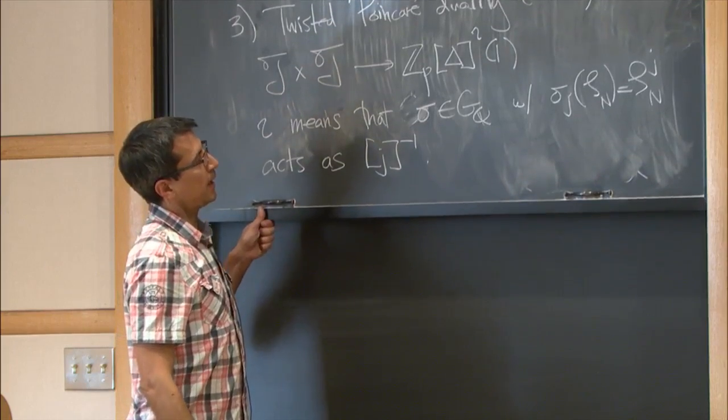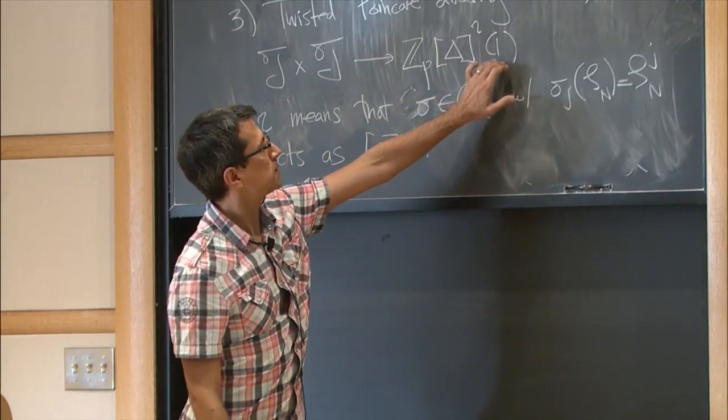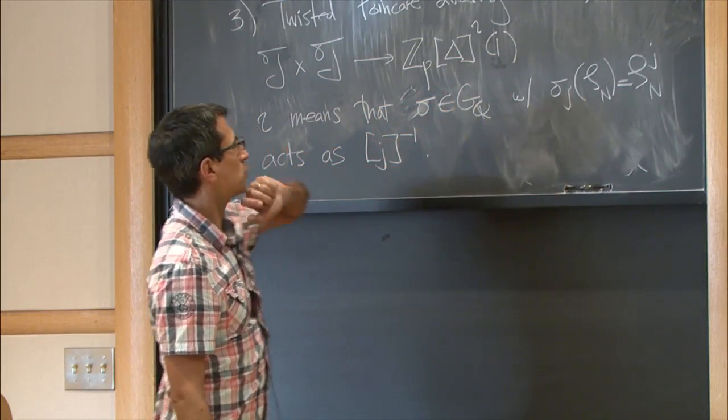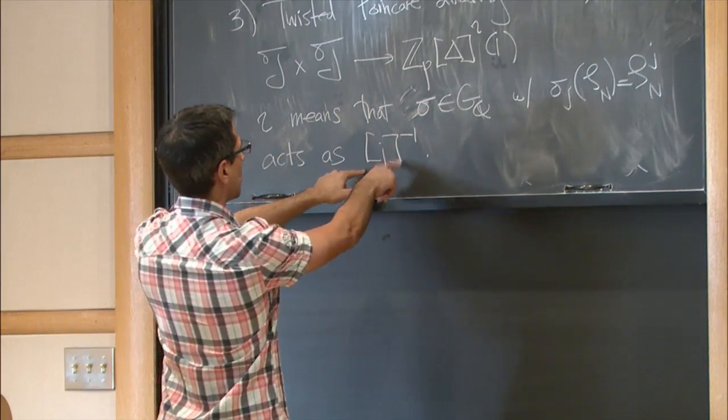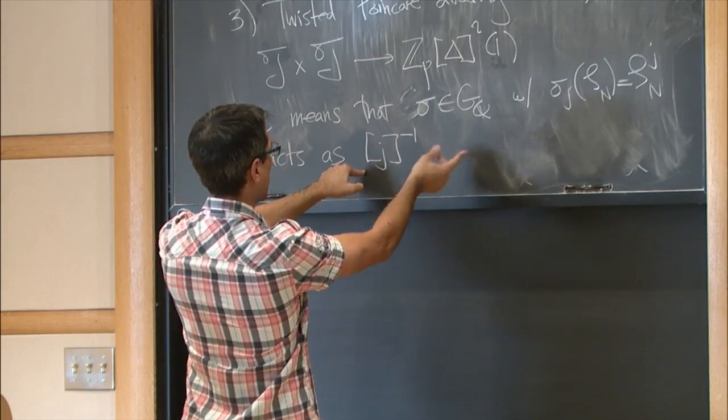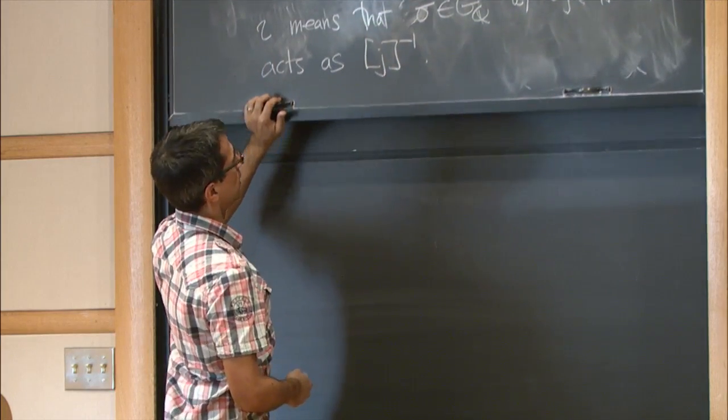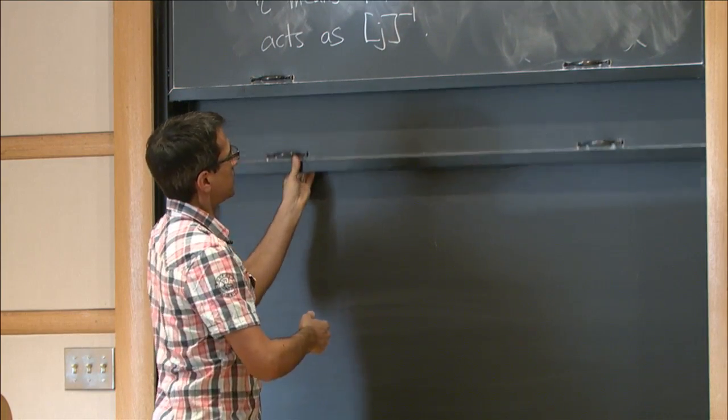And the 1, of course, means we act by the p-adic cyclotomic character. So it's twisted by the p-adic cyclotomic character. So j acts as diamond operator j inverse times chi_p of j, where chi_p is the p-adic cyclotomic character.